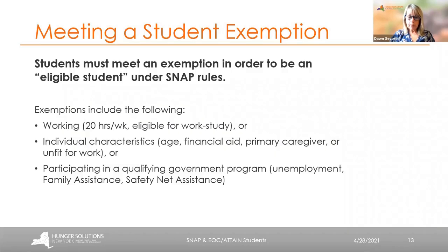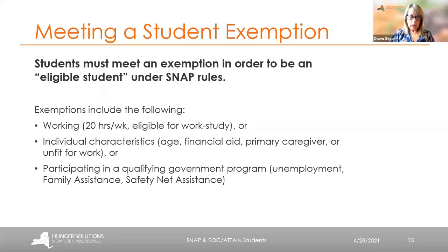If a student does not meet an exemption, they are considered an ineligible student and they are not eligible for SNAP until they graduate or leave school. If the student meets an exemption, they are considered an eligible student for SNAP until they graduate or leave school, and as long as they continue to meet all other SNAP eligibility criteria.